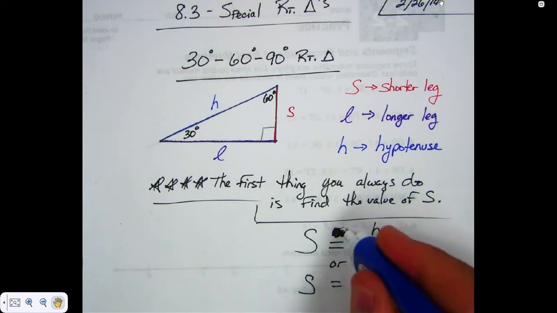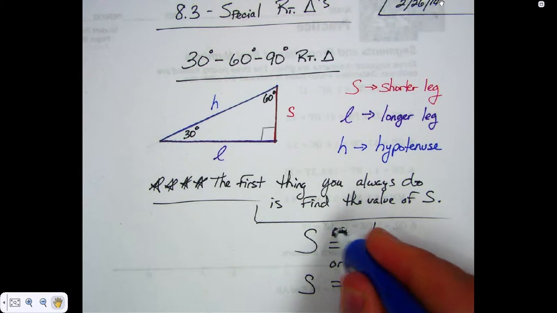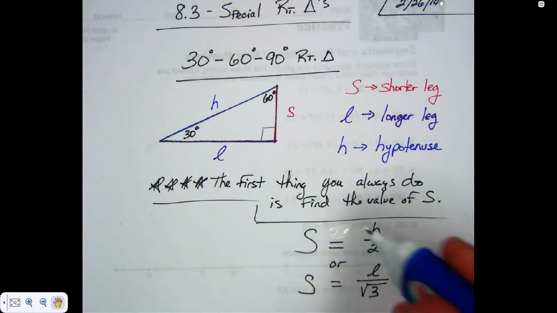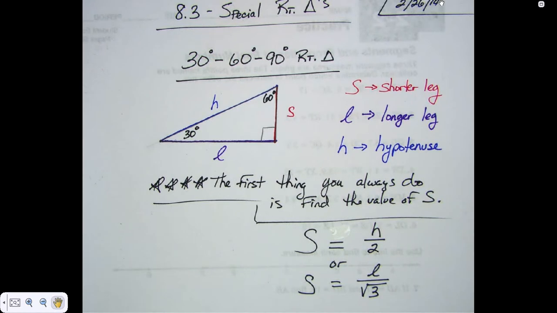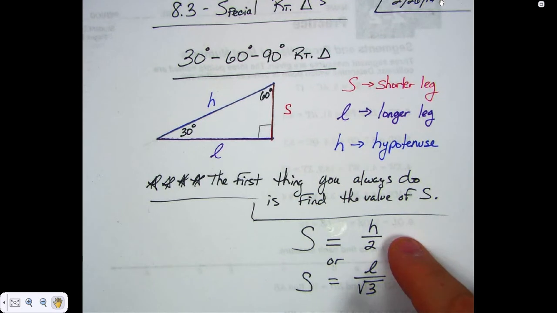You say, well, which formula do I use? Well, you'll find out here in a second. It depends on what's given to you. If they give you a value for the hypotenuse, guess what you do? You use this one, don't you, to find S? Agreed? Yes. They give you a value for the longer leg. What do you use to find S? That one.